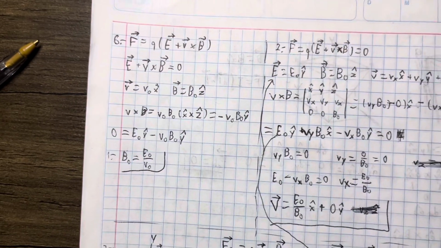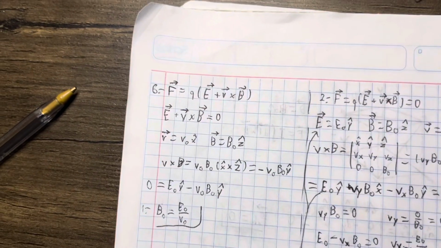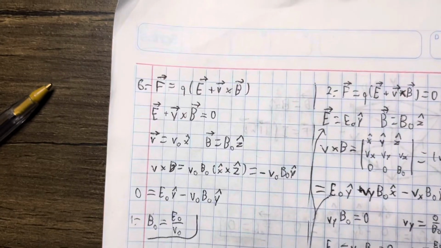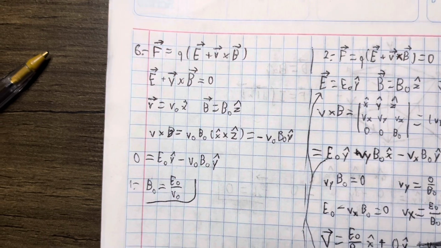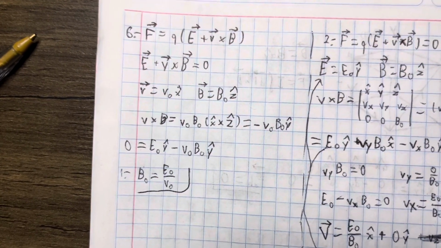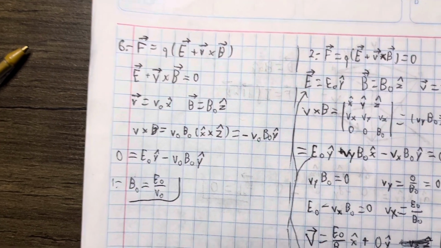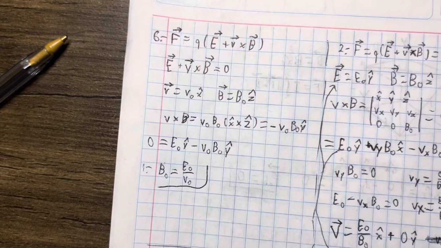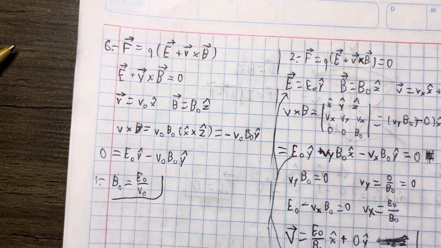For there to be a constant velocity, the net force must be 0, so we set this Lorentz force law equal to 0. Then first we have to analyze the vectors and make the cross product between the x vector and the z vector, which will give us a negative y vector, and the constants with these vectors were the velocity and the magnetic field.